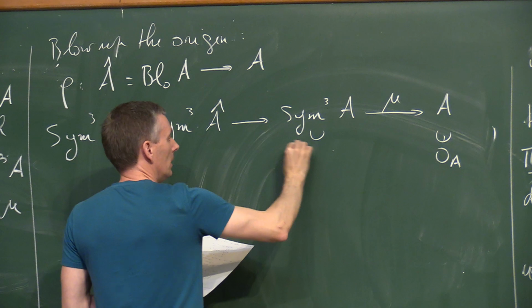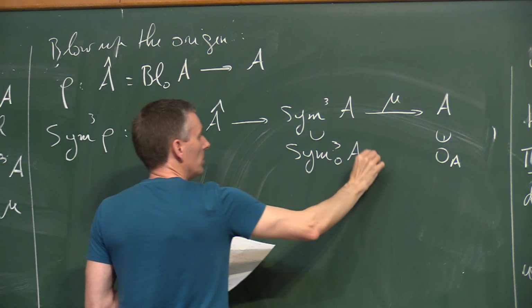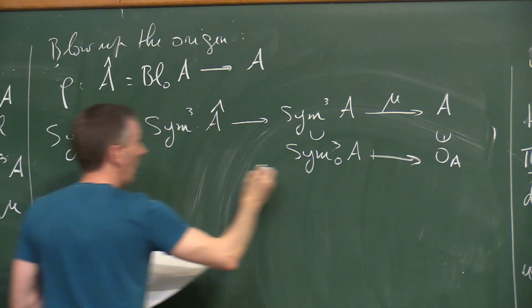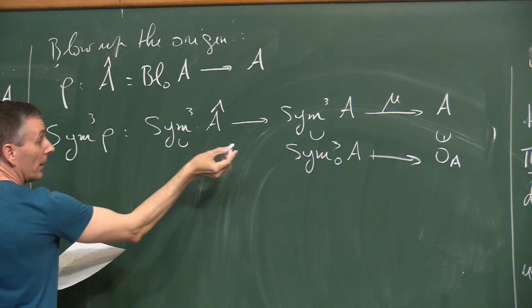So here it is the symmetric product of 3 points whose sum is 0. And I take the pre-image here, and this is the definition of the variety G that I'm considering.